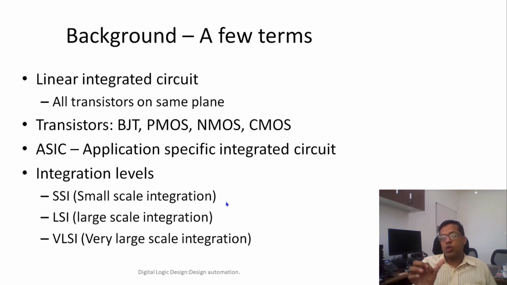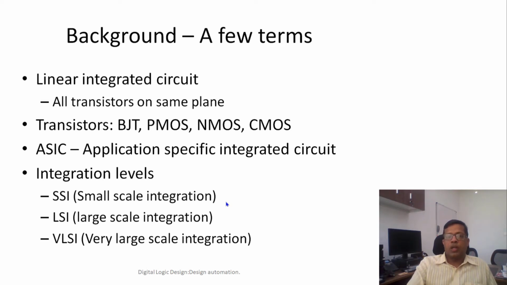So VLSI also means that there has to be some sort of automation, so that the number of transistors could be fitted onto a chip and could be designed. In today's lecture we will briefly go through this process of automation so that a VLSI design could be feasible, particularly the digital design.